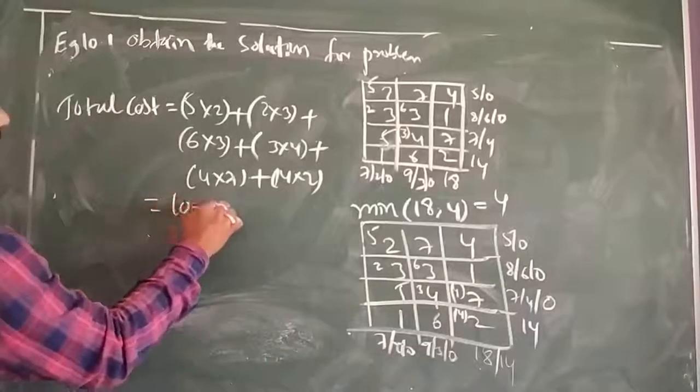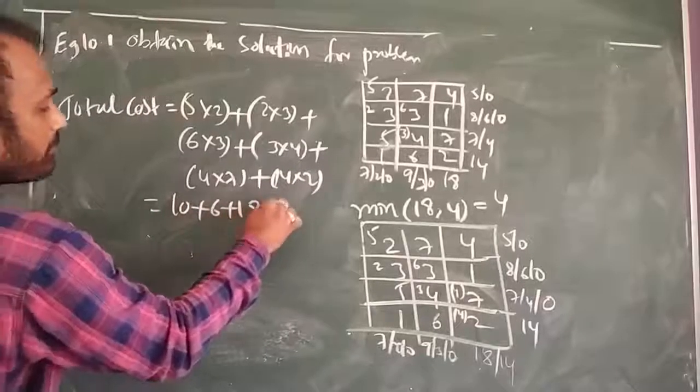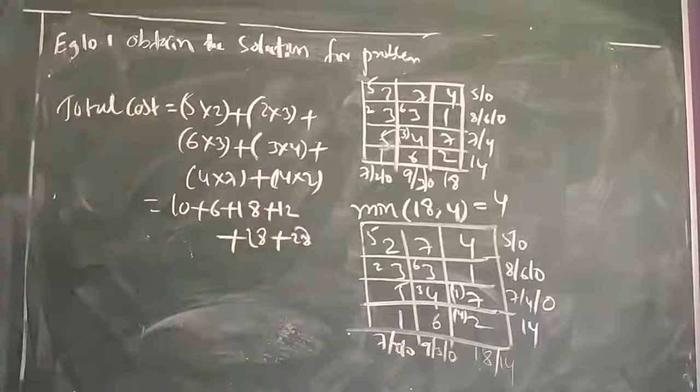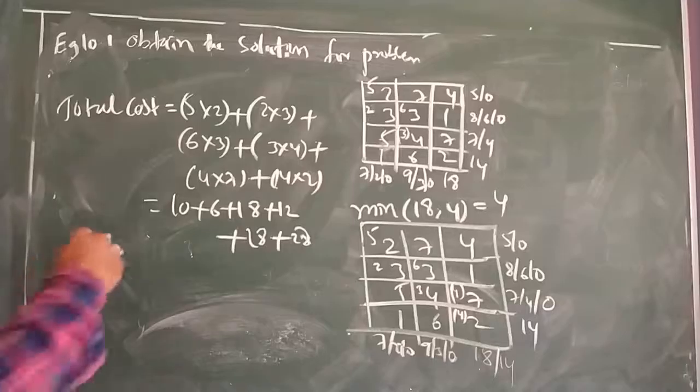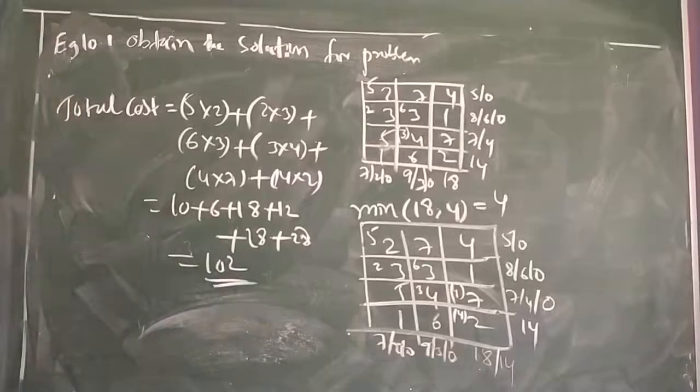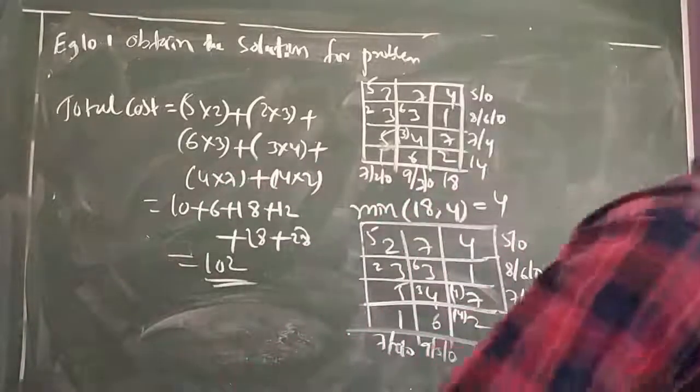So 10 plus 6 plus 18 plus 12 plus 28 plus 28. So altogether the answer will be 102. So this many rupees of the cost we have reduced. So this is the way of doing north-west rule.